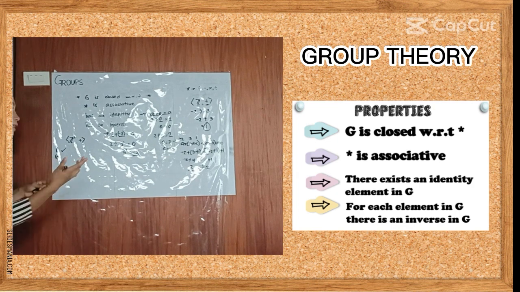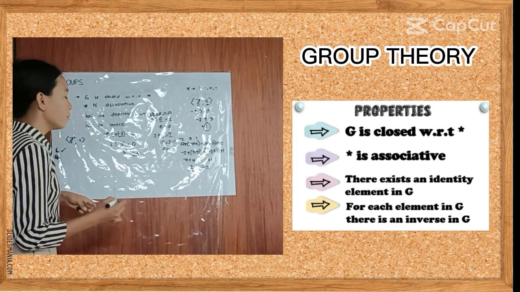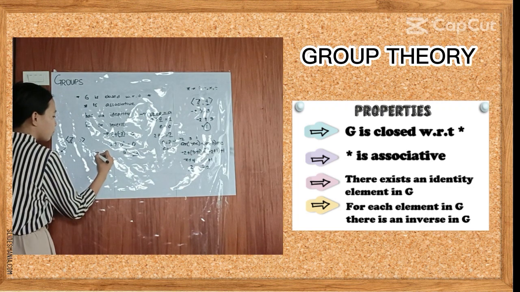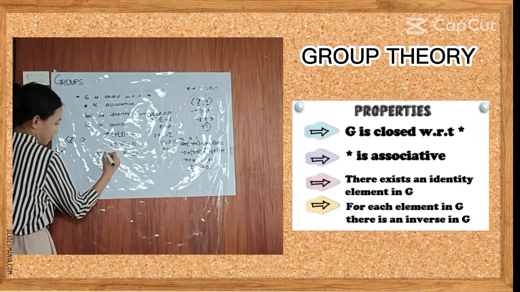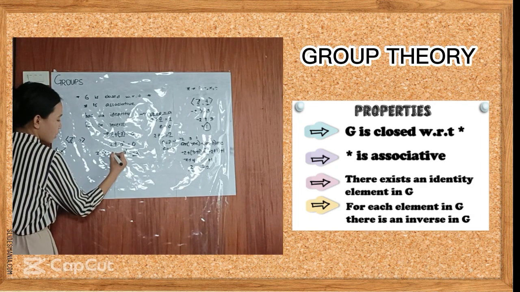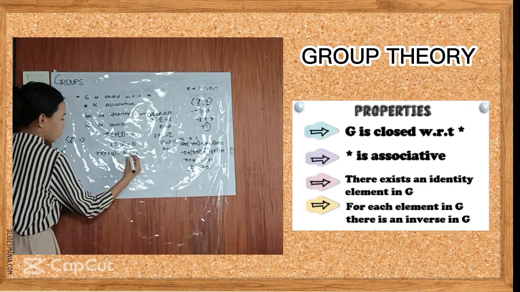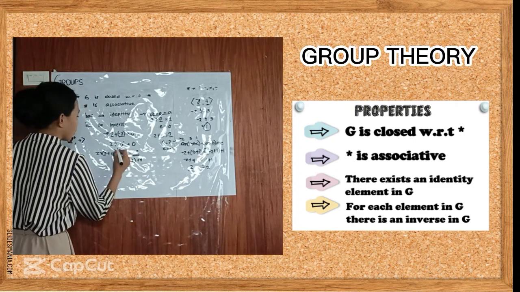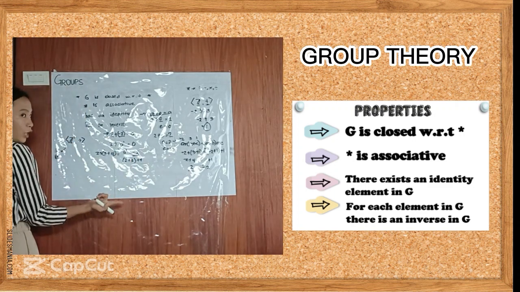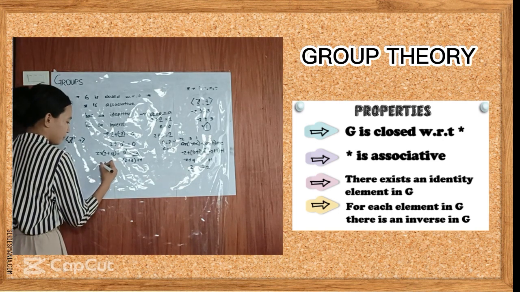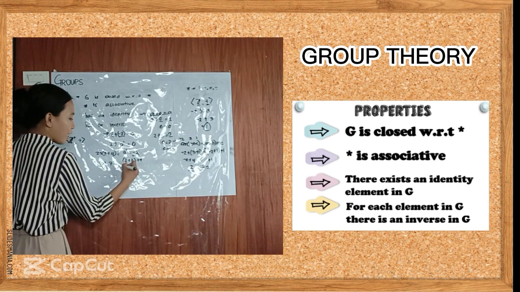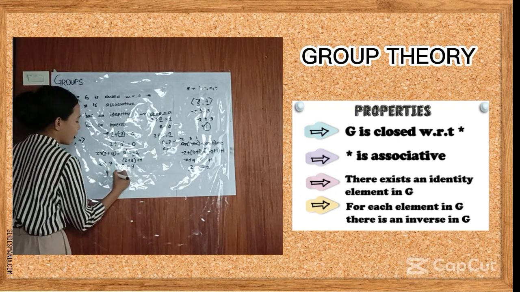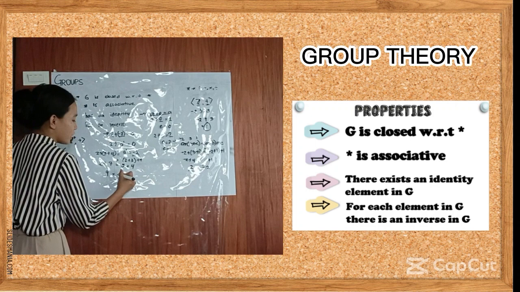We will get 3 elements from the positive integers: 2 plus 3 plus 4 is equal to 2 plus 3 plus 4, question mark. 3 plus 4 is 7. 2 plus 3 is 5, plus 4. 2 plus 7 is 9. 5 plus 4 is 9.